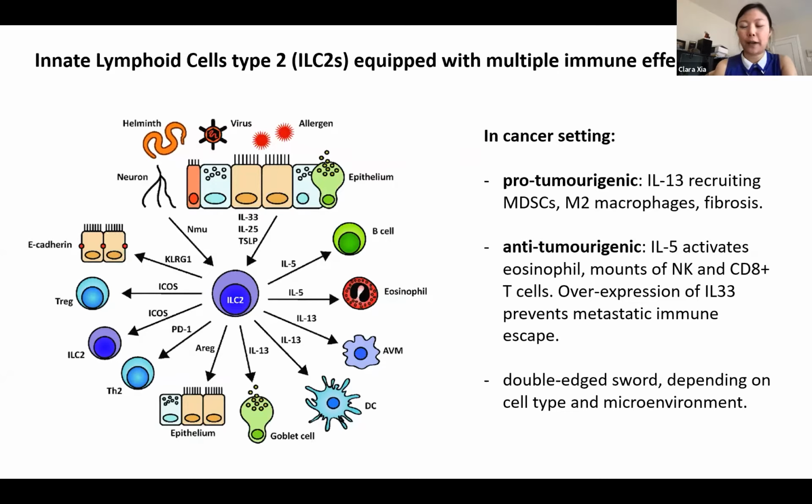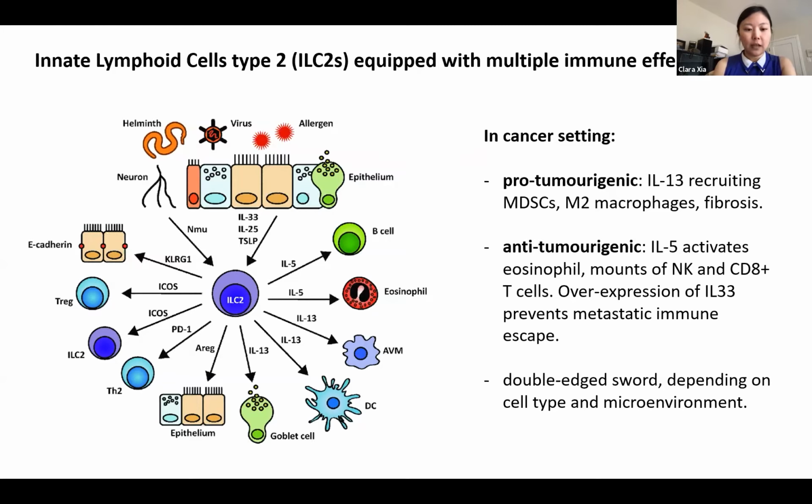Our lab has also found that overexpression of IL-33 can prevent metastasis in lung and prostate cancer. In fact, this is how we started to study ILC2s, because we found that metastatic cell lines have lost the expression of IL-33, and IL-33 being the potent activator for ILC2s, it naturally draws us to this immune cell type.